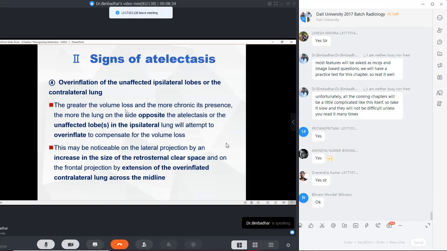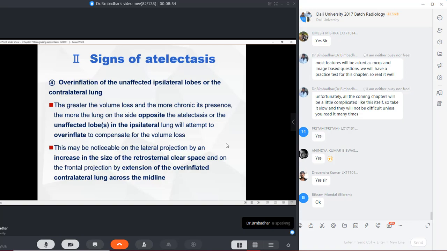Let us say the left lung has been affected. Now, what happens is that the other lung, the right, has increased compensation. It has to compensate for the loss of volume in the left lung.